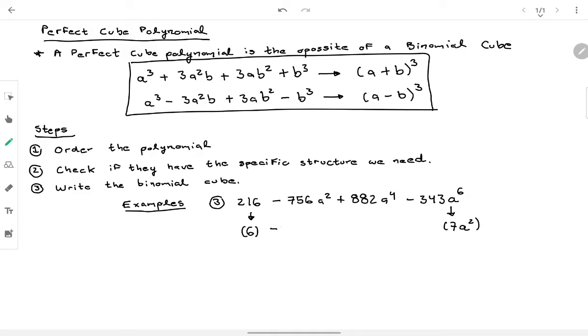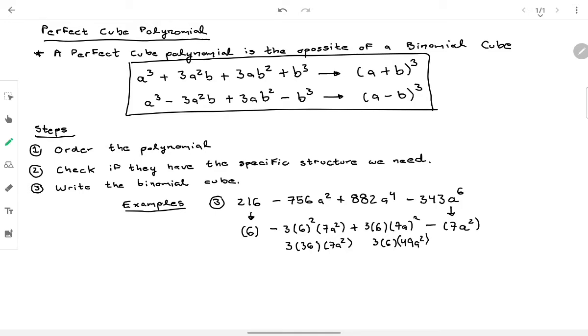Then the second term must be minus 3 times the first one squared multiplied by the second one. The third one must be 3 times the first one multiplied by the second one squared. So it's going to be 3 that multiplies 36 that multiplies 7a squared. And the other one is going to be 3 that multiplies 6 that multiplies 49a squared.